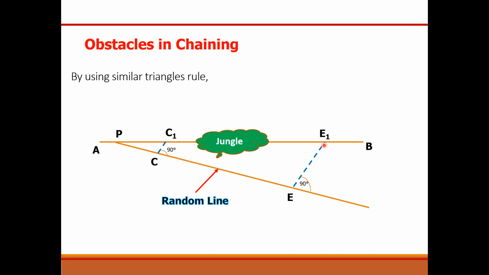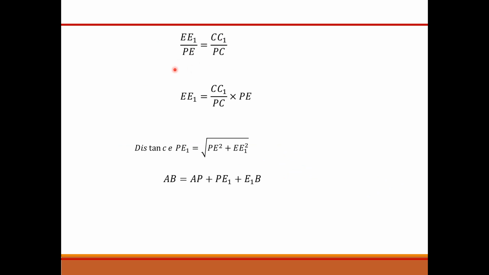Once we have found the value of EE1, it is very easy to find the value of PE1 by using the Pythagorean theorem on the larger triangle EE1P. All of these are shown in this slide, the mathematical calculations and formulas that will be used to calculate the distance AB.